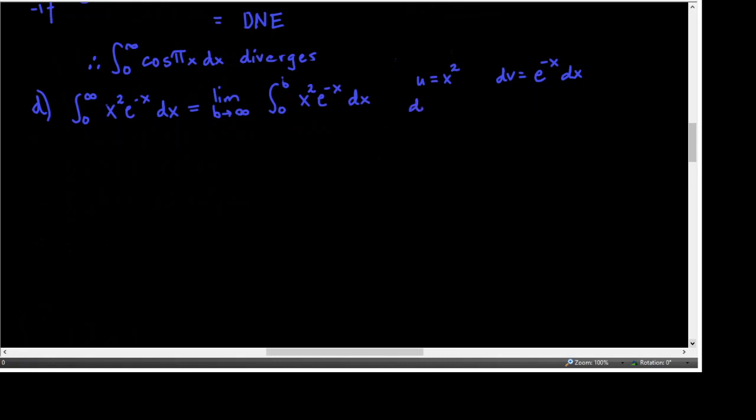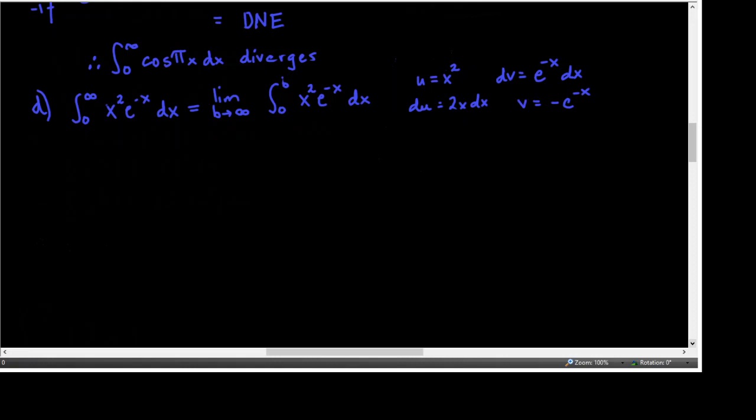So du is 2x dx, and the antiderivative of e to the kx is 1 over k, so negative 1 over, 1 over negative 1 is negative 1, e to the negative x.